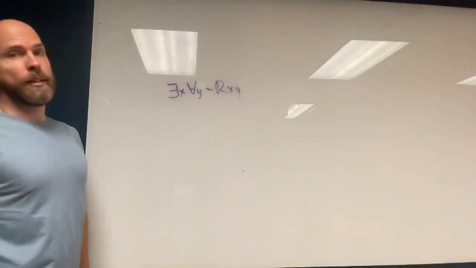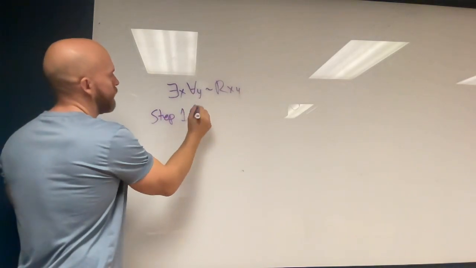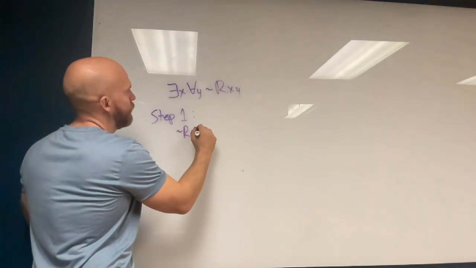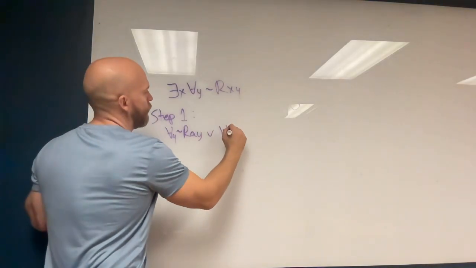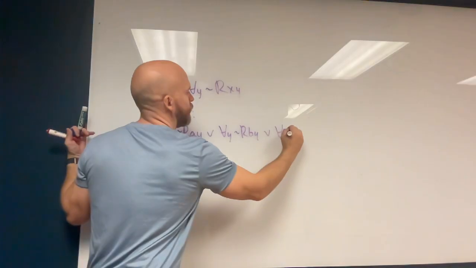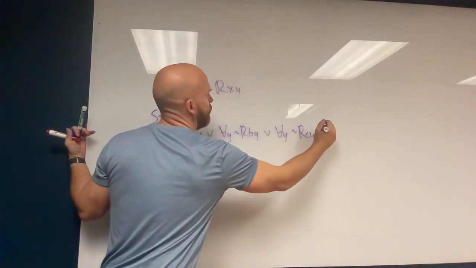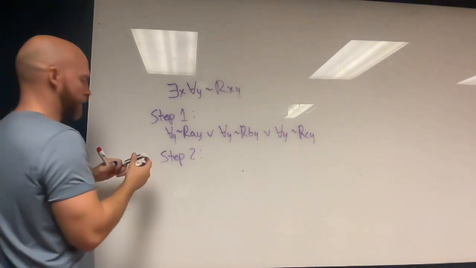Let's find out. So step one, expansion. Dropping off that existential, we have not A y, don't forget that universal, or universal y not B y, or universal y not C y. This is our first step. We'll move on to our second one.